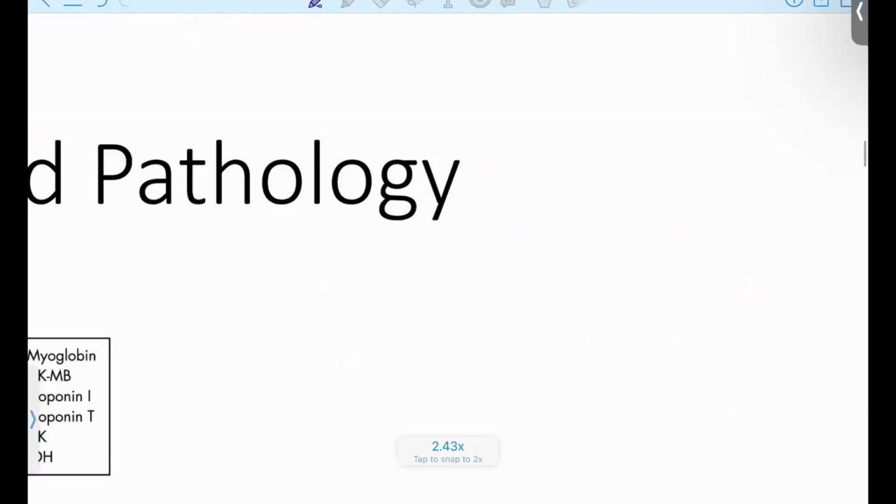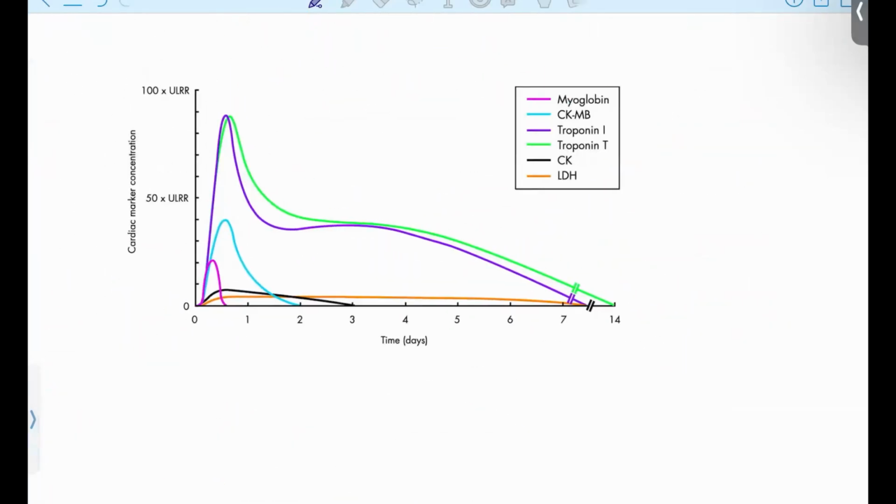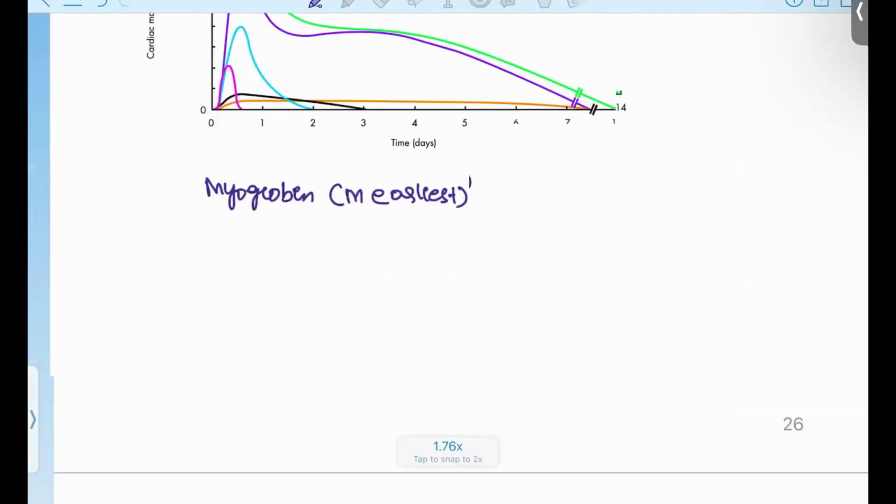Next, moving on to the MI markers. Here in the graph itself, you can see the most commonly elevated one is myoglobin. Okay, this is the earliest. But what is the first one?